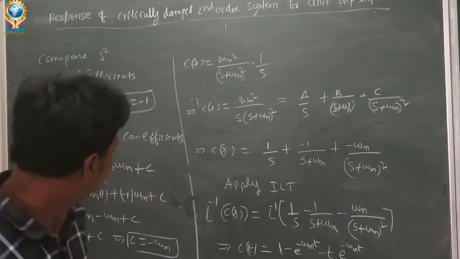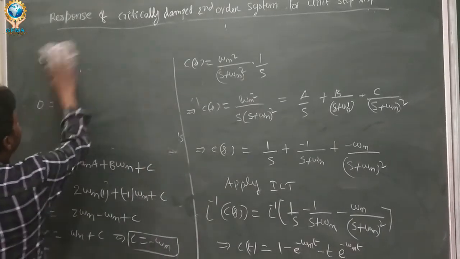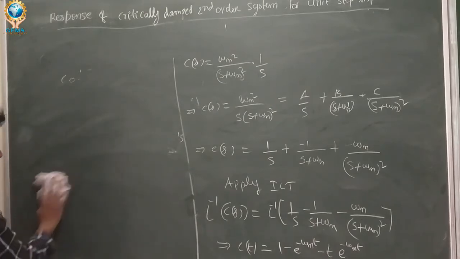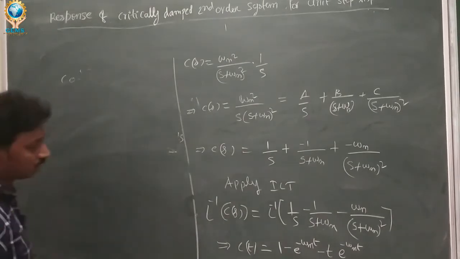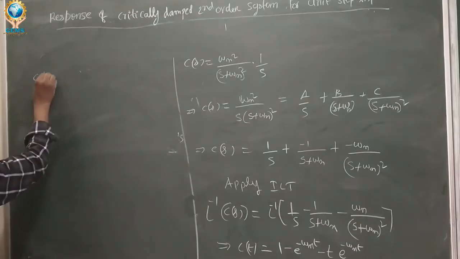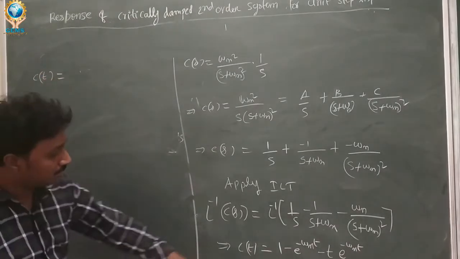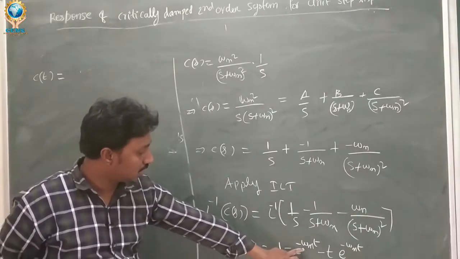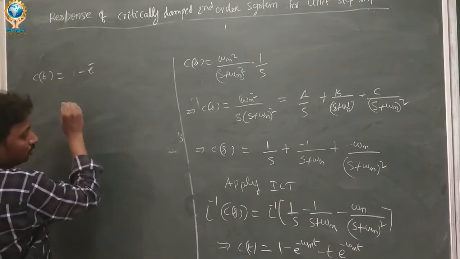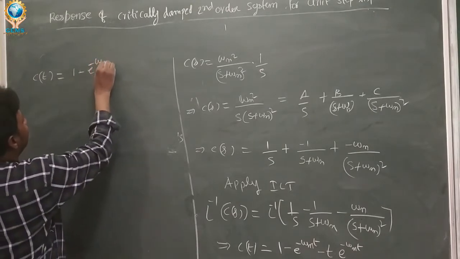So now you take the common here, minus e raised to minus omega n t. So 1 minus e raised to minus omega n t.